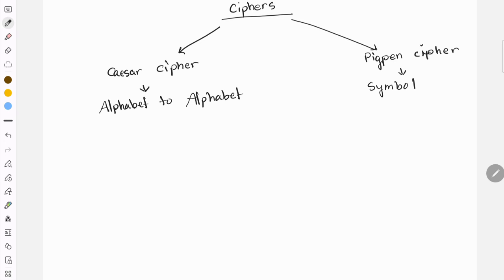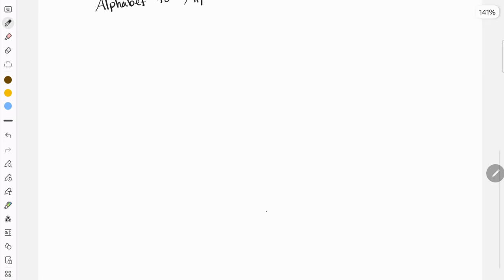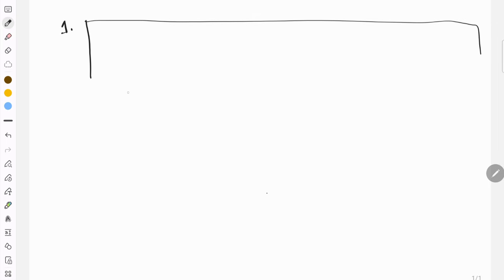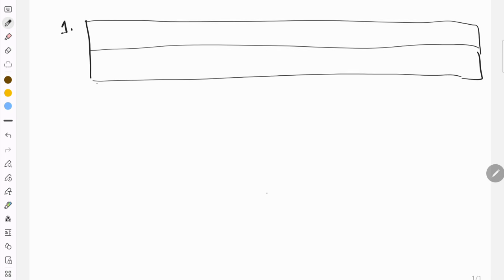Now let us learn one by one, number 1 and 2. For number 1, I want to make a Caesar cipher. For Caesar ciphers, before thinking anything, just make a table. In the table, you will make 26 boxes for each of your alphabets.